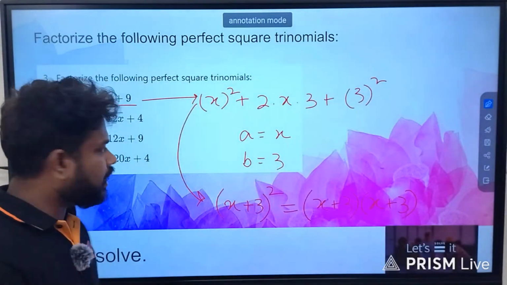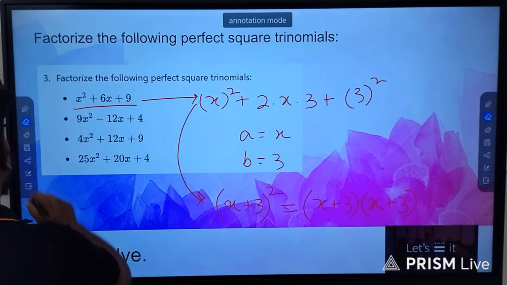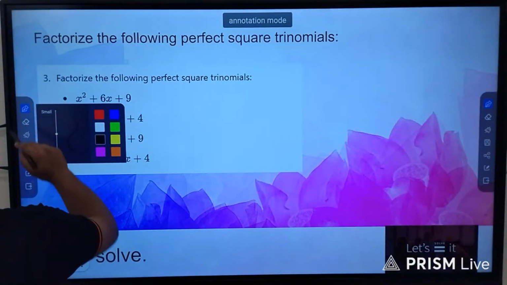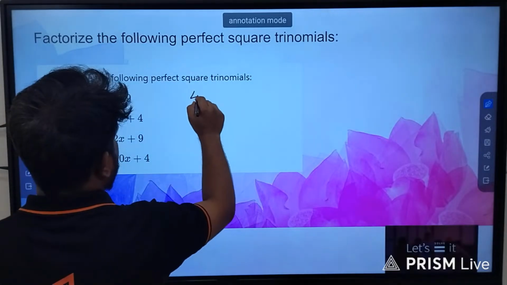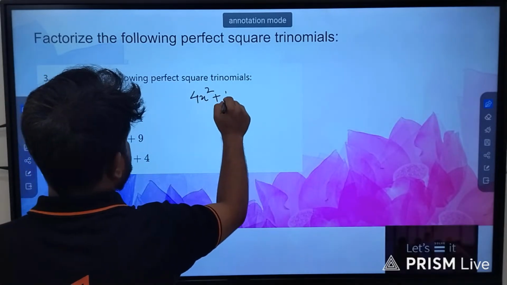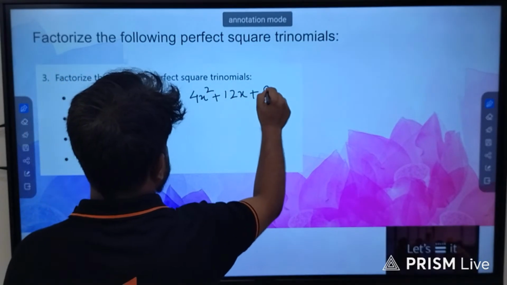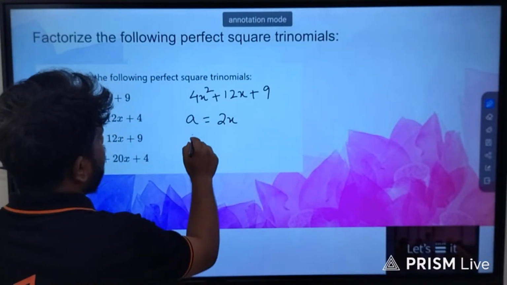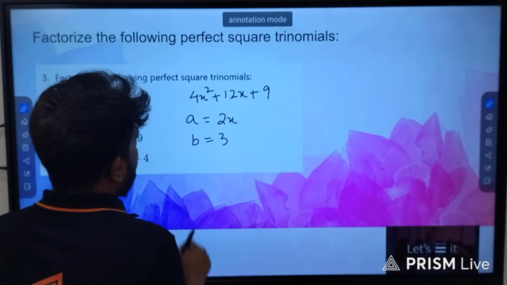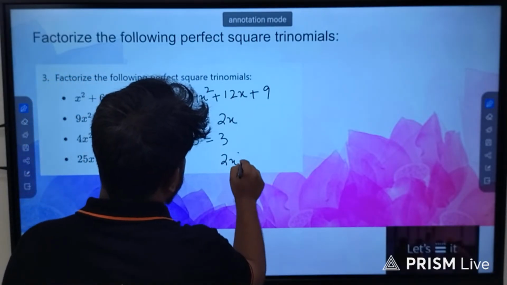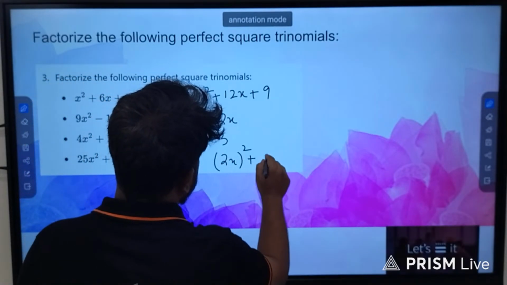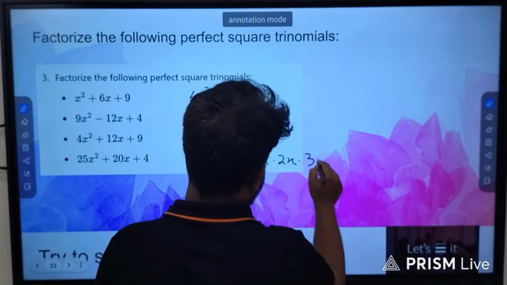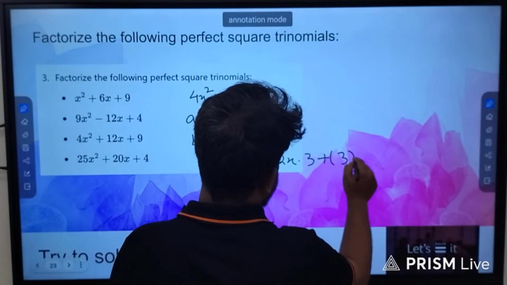Okay, done. Similarly, we can use this formula to solve this one as well, 4x square plus 12x plus 9. We can take a as 2x and b as 3, and the formula will be 2x and its square plus 2ab plus b square.